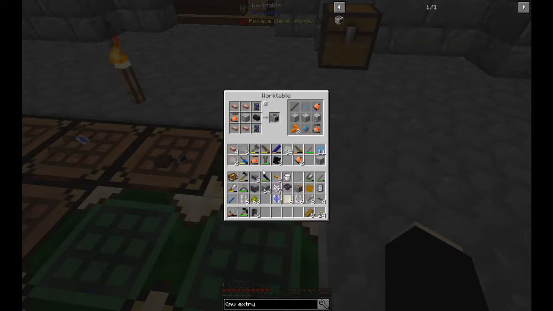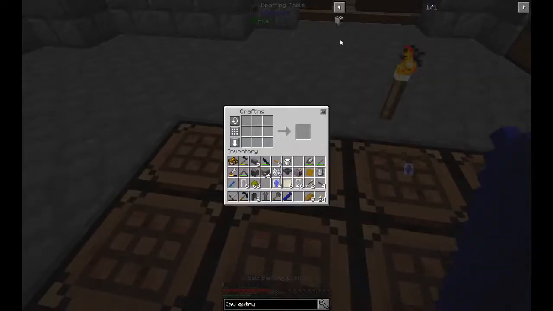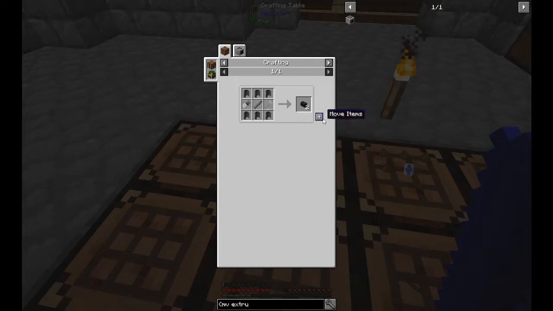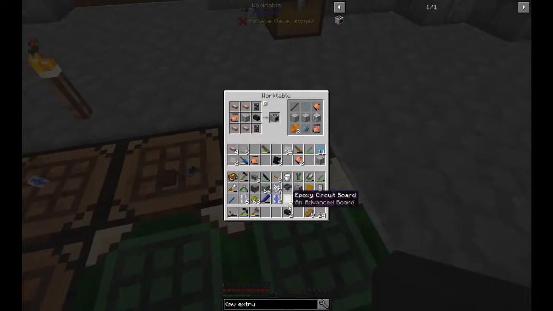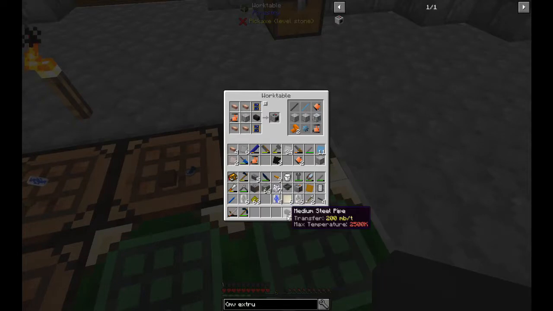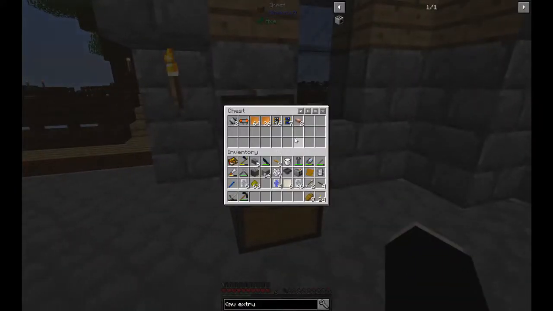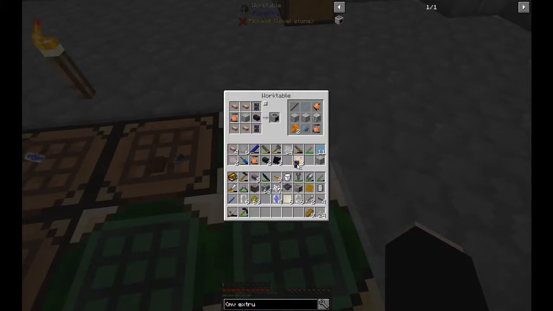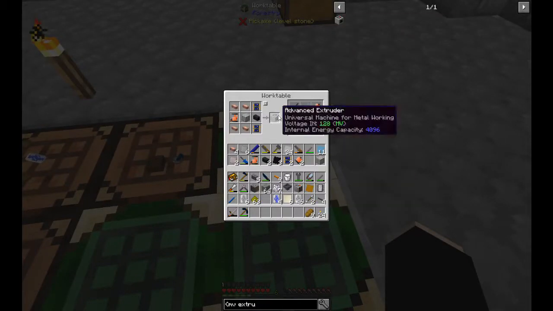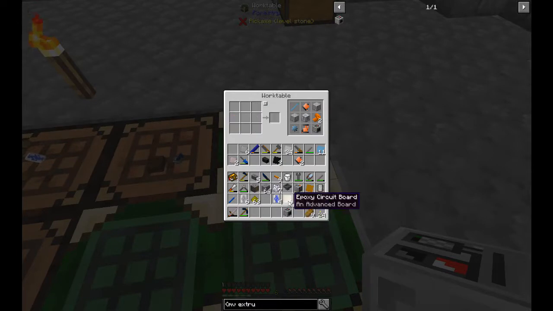Bending cylinder hammer. As I don't think I'm going to be using it a lot, I don't want it to be stored as a recipe here. Okay, you can go back. You can go in here, 2 chips. I should have, oh, I even had some copper nickel wire. Good integrated circuits. I do like that I made these beforehand. 1 advanced extruder.